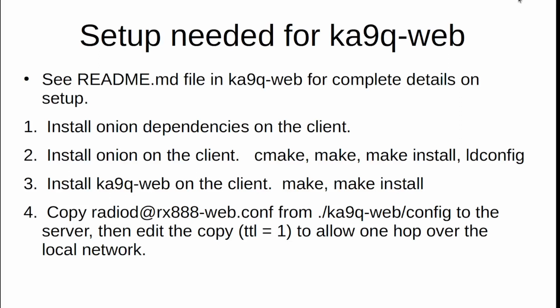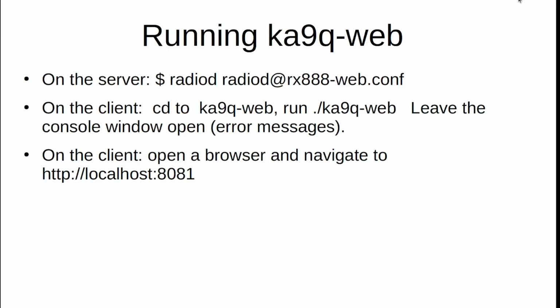To run ka9q web on the server, we'll run radiod rx888-web.conf. On the client, we'll change to the ka9q-web directory and then run in that directory the ka9q-web executable program.